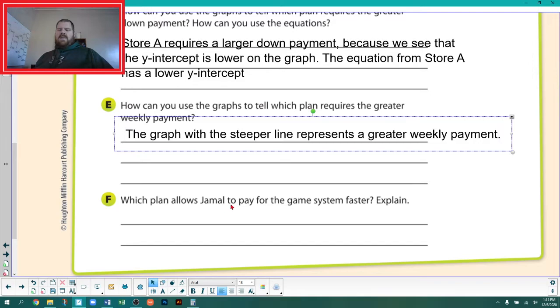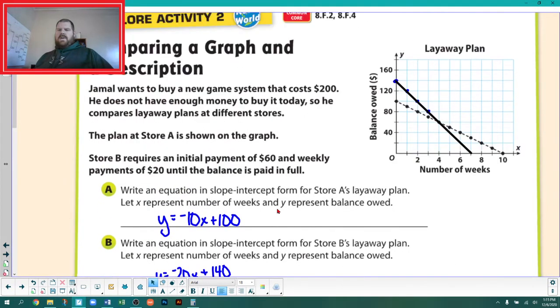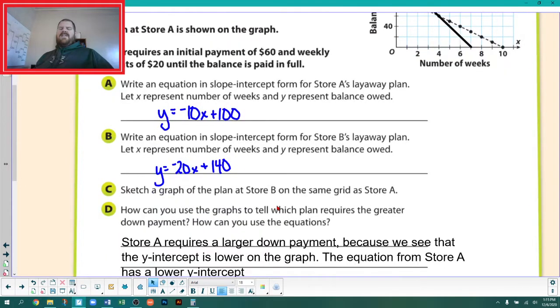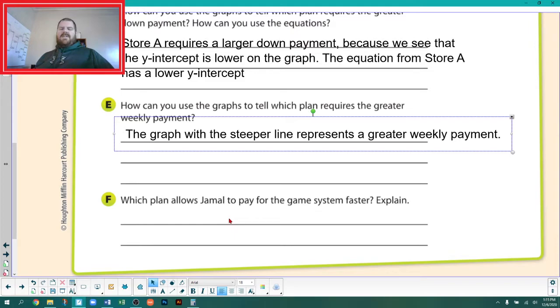Which plan allows Jamal to pay off the game system faster? Well, which one pays it off faster? I think they said it's more like makes him pay it off faster.